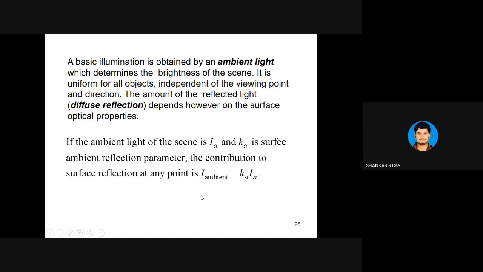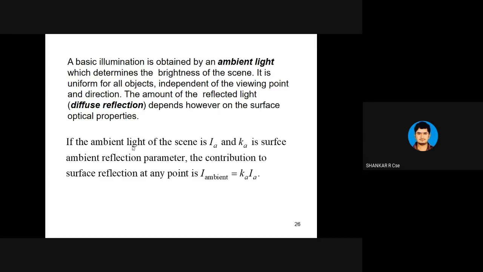Understand, guys, in the university question paper, they will give you these kinds of problems. They'll give you intensity IA, and they'll ask you to calculate ambient light intensity, diffuse light intensity. There are three formulas. For ambience, there is one formula. For diffusion, there is one more formula.